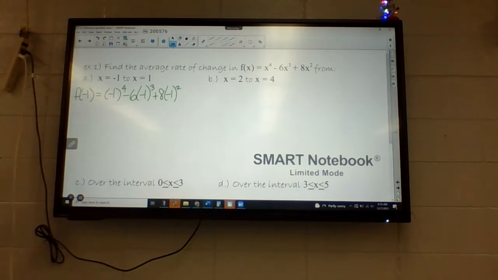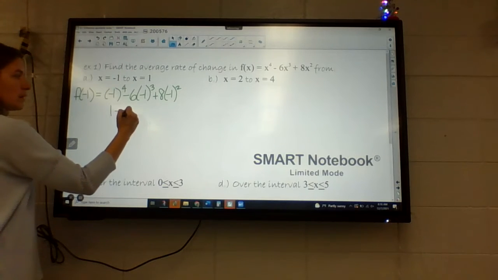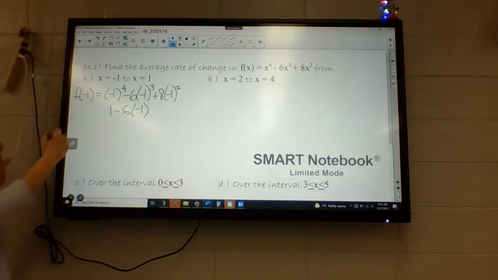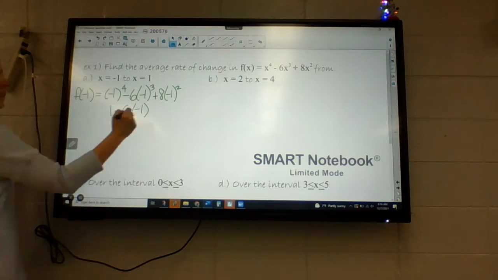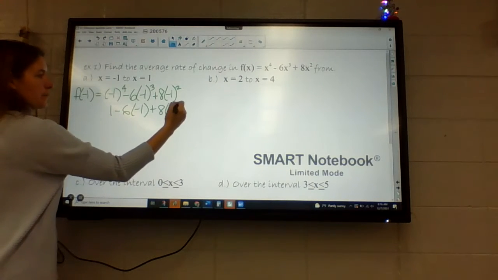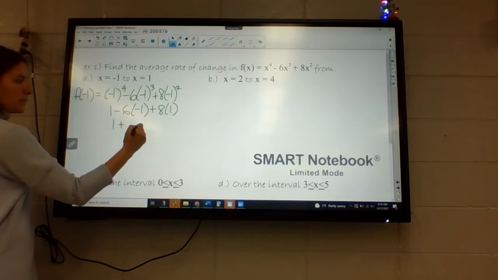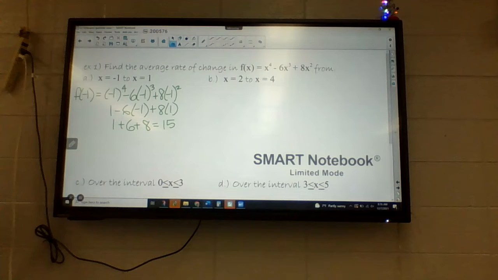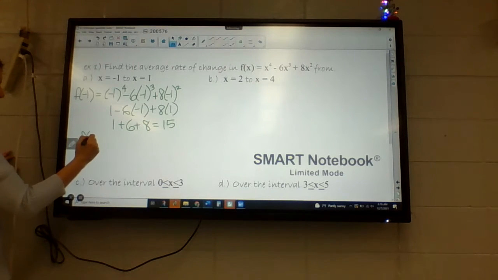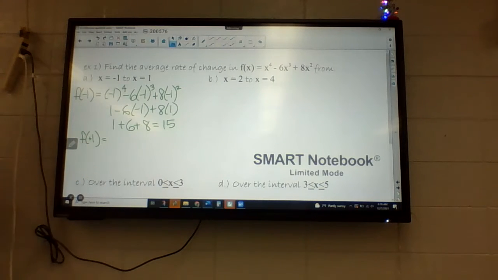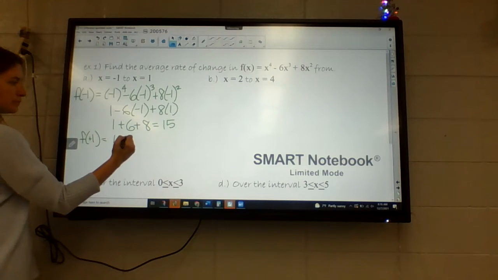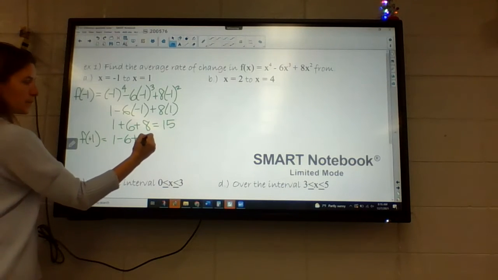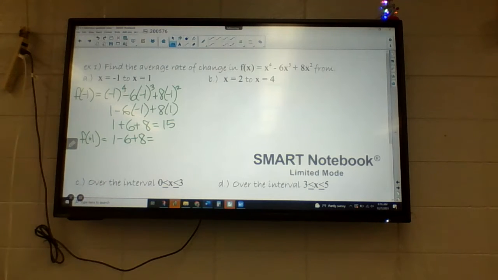Because -1 to the 4th is just 1. But this is going to be -1, -1 to the 3rd is going to be -1. And then to do the same thing with +1. I believe we get 3 there.